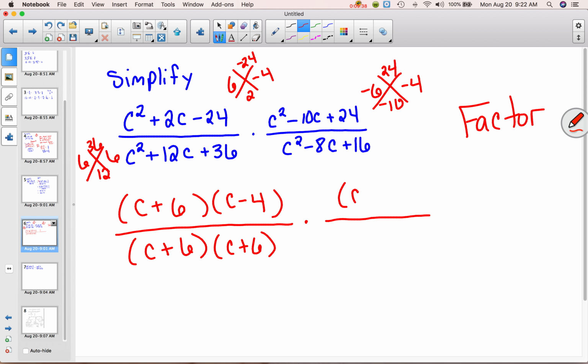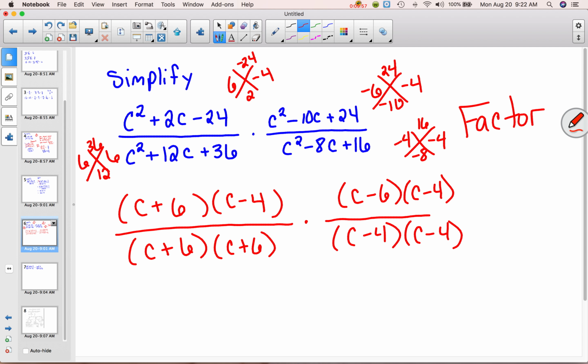So we have c minus 6, c minus 4, and the last one looks like a negative 4 and a negative 4. So we have c minus 4, c minus 4.